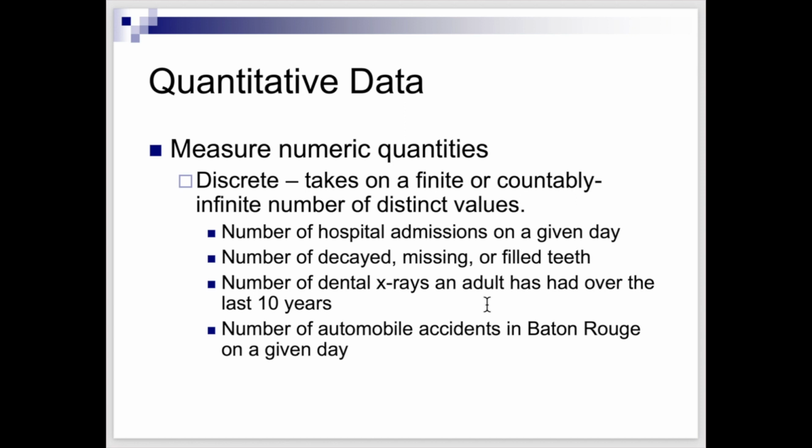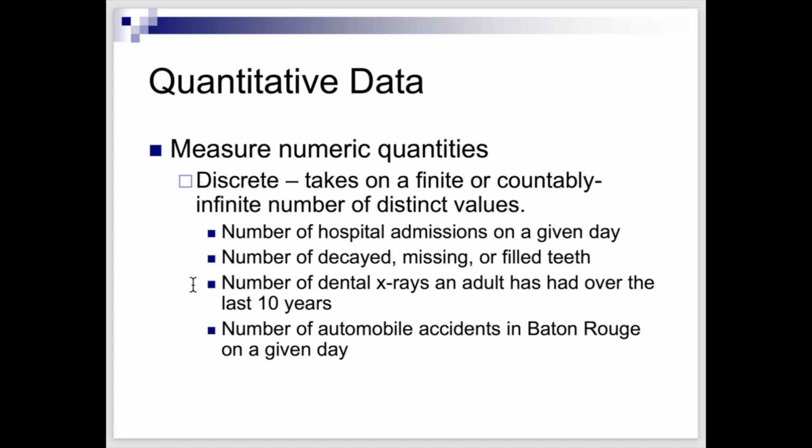Another example would be the number of dental x-rays an adult has had over the last 10 years. When I was on the faculty at the University of Kansas Medical Center, one of my colleagues in the Department of Preventive Medicine and Public Health, his research area was looking at the risk factors associated with x-rays and whether or not those kinds of things, whether too many x-rays caused cancer.